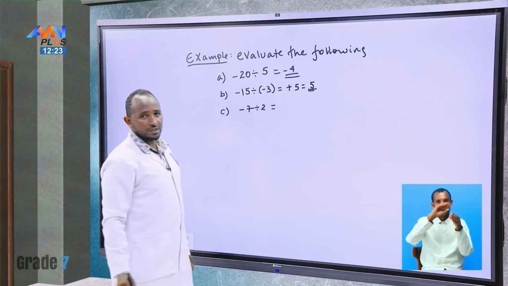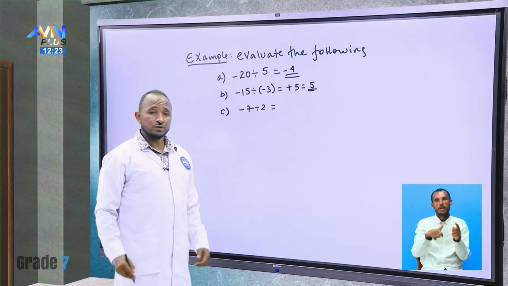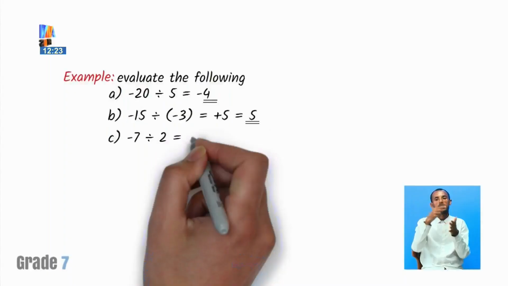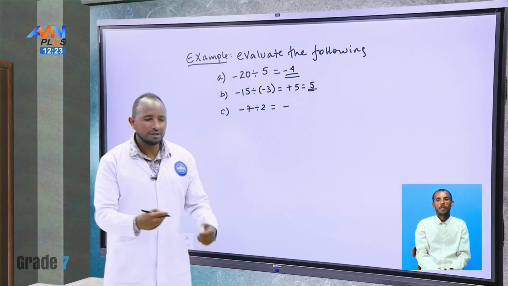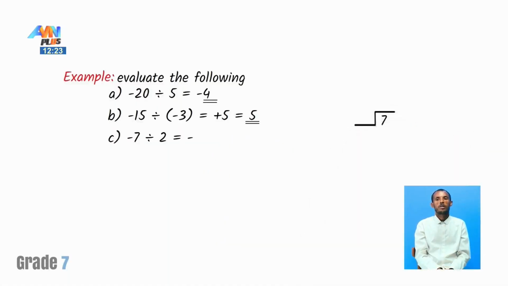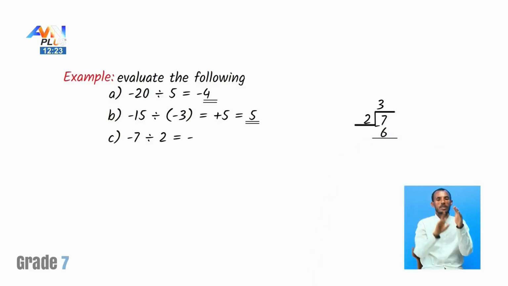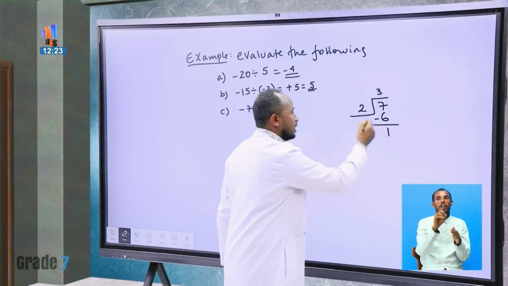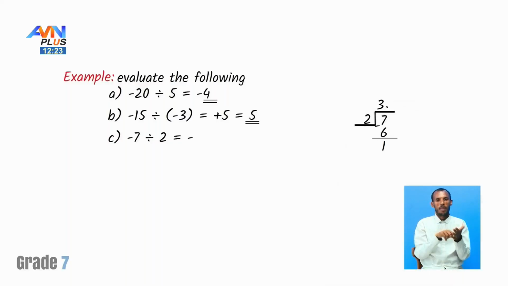These two numbers, as you can see, have different sign. One is positive, the other is negative. So the sign of the quotient is negative, and then you divide 7 by 2. 3 times 2 gives us 6, and then you subtract 7 minus 6, it is 1. 1 divided by 2 it can't, so put a point here and add 0.